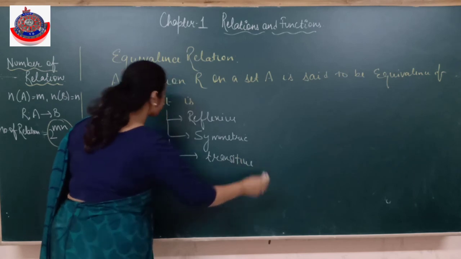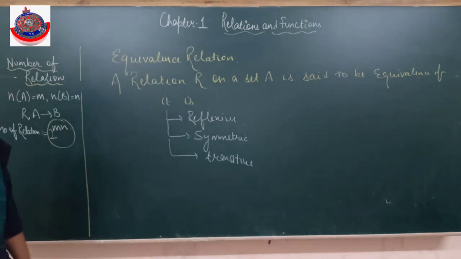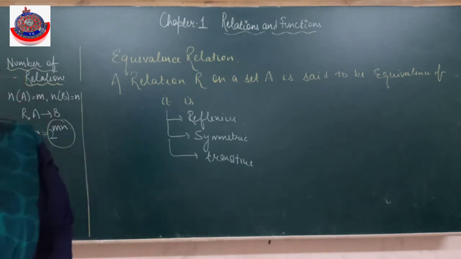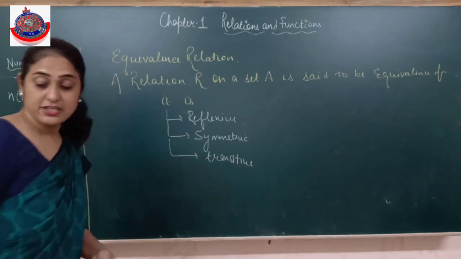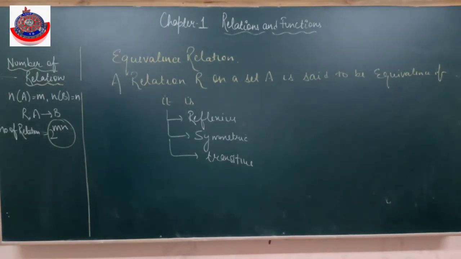If a relation satisfies all these three properties, then the relation is said to be an equivalence relation. Is it clear?